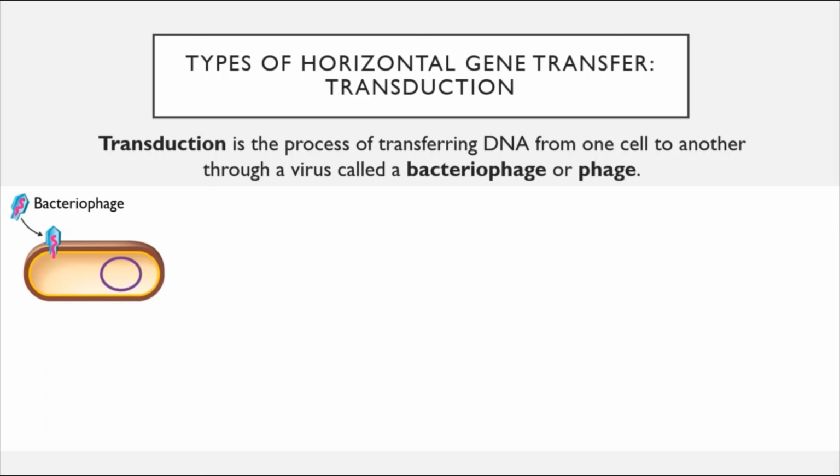And lastly, the third process, called transduction, is one that we mentioned previously. Transduction is the process of transferring DNA from one cell to another through a bacteriophage, or in other words, just a phage, as they are called.